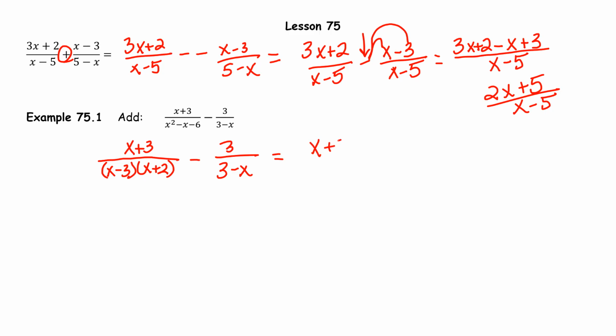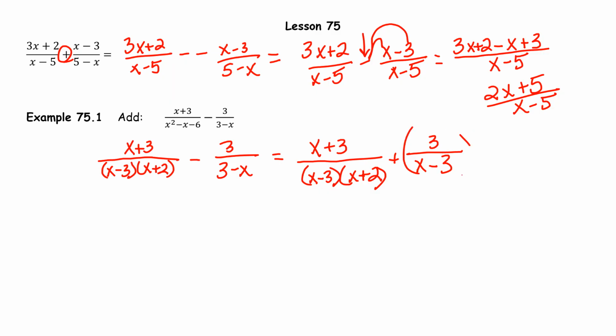I'm going to go ahead and write that fraction on the right side. I'm going to change it to plus and put that negative in the denominator so that it becomes the opposite, x minus 3. And so now all I have to do is multiply that second fraction by x plus 2, and I'll have a common denominator.